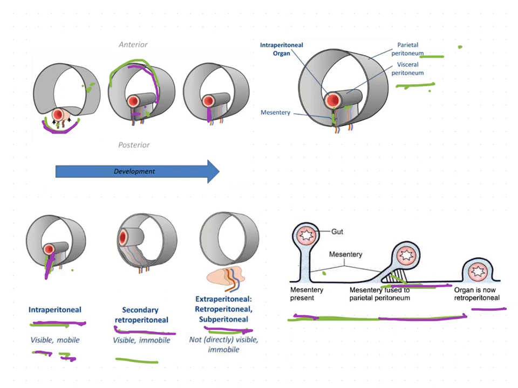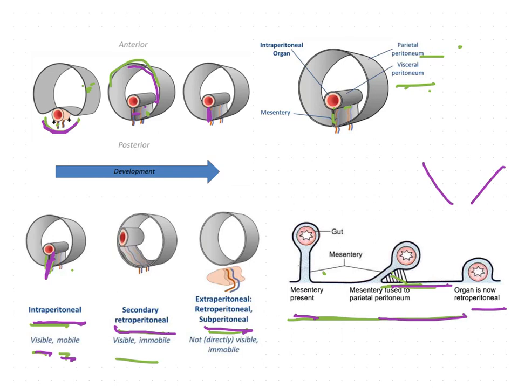If you see the subperitoneal organs, this includes the organs present in the pelvic cavity: the urinary bladder, prostate, seminal vesicle, cervix, uterus and vagina. These come under the subperitoneal organs.